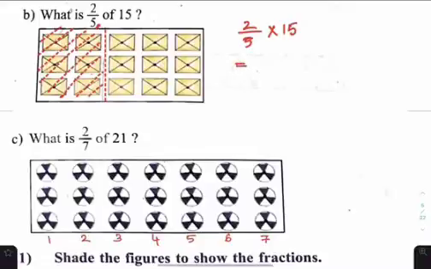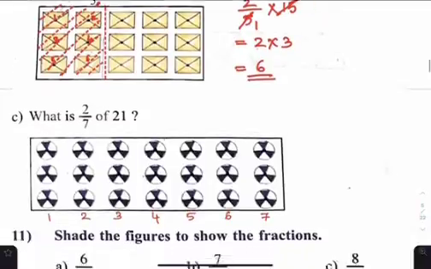Now 5 1 times, 5 3 times. Now 2 into 3 is what we need to write, which is 6. Now children, if you observe, it is 1, 2, 3, 4, 5 and 6. So totally the answer is right.